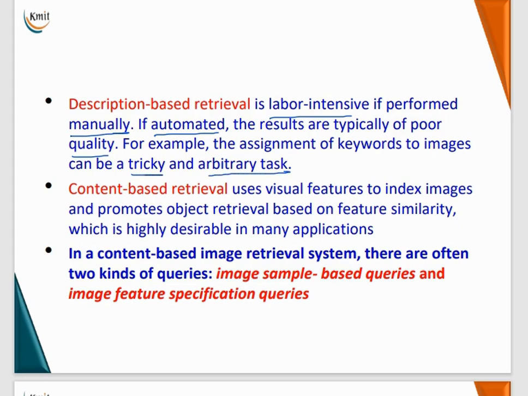Next, content based retrieval uses visual features to index images and promote object retrieval based on feature similarity, which is highly desirable in many applications. Content based image retrieval systems are often of two types: image sample based queries, image feature specification queries.